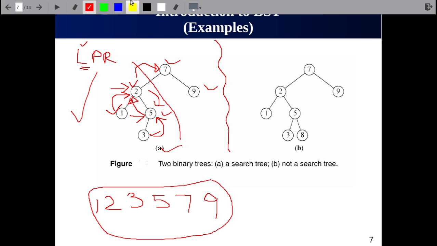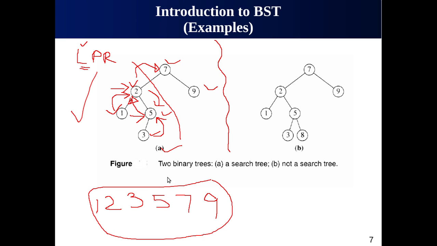Once you perform the in-order traversal, it will always give you ascending form. You see 1, 2, 3, 5, 7, 9, they are in ascending form. So this is a very important property of the binary search tree, that if you apply the in-order traversal, it will yield items in a sorted form.